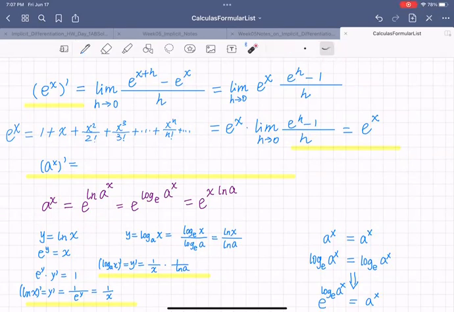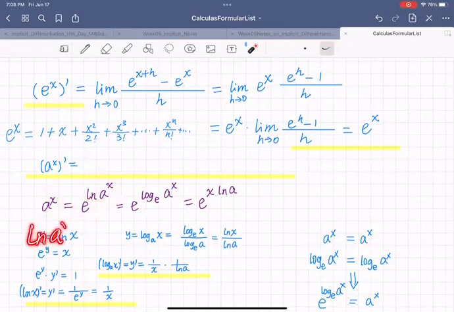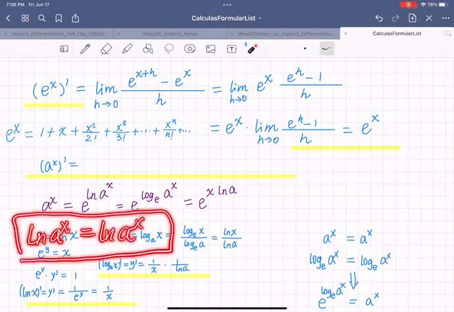So when I write this down, I don't know if they are equal, but can you imagine ln of a to the power x equals ln a to the power x? Does everybody agree with this? This is true, right? Both sides are the same. This is base e.